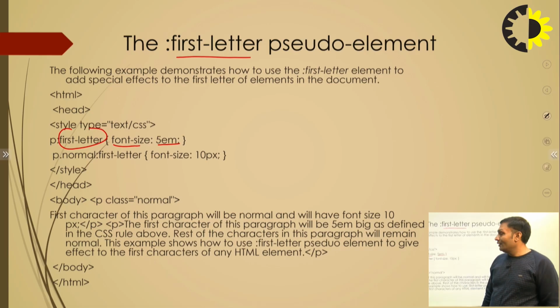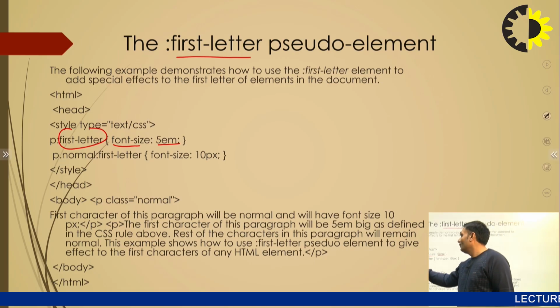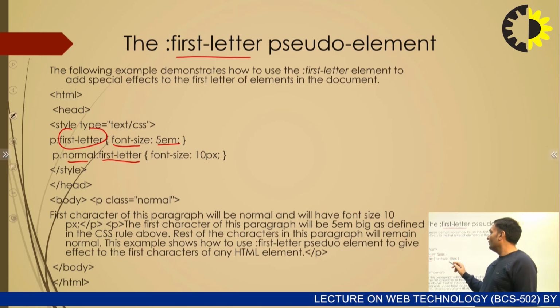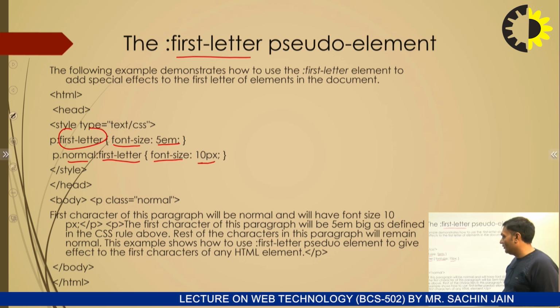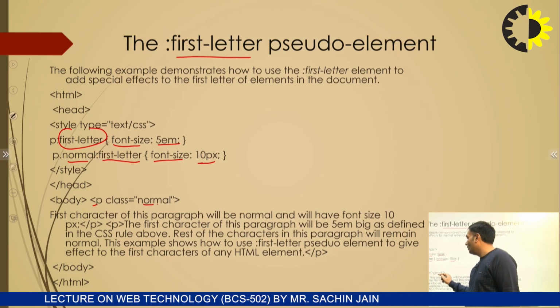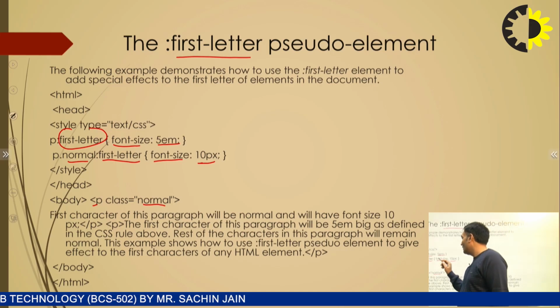Or, to be specific, we can use a paragraph p whose class value is normal, and we want to change its first letter with the property font size that is 10 pixel. So a paragraph whose class value is normal will be affected with the first letter change with font size 10 pixel.